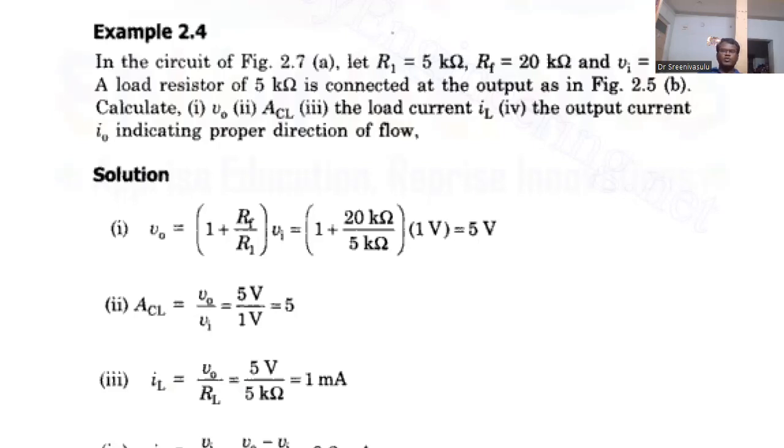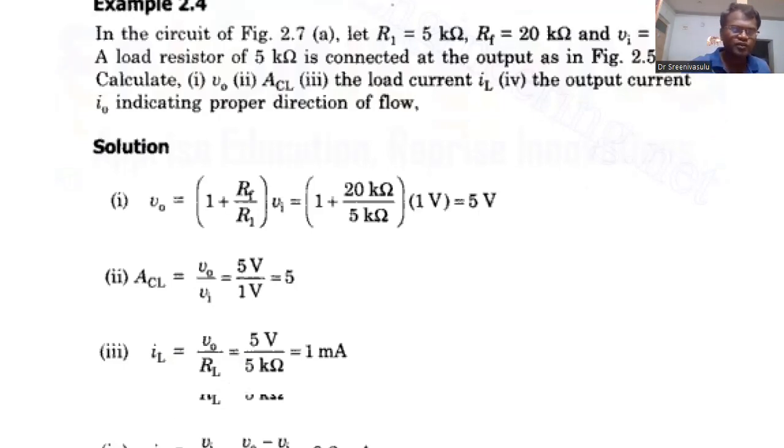It is the output voltage. Next, the closed loop voltage gain: the output voltage is 5 and the input voltage is 1, so V0 by Vi is equal to 5. Otherwise, from 1 plus RF by R1 also we can calculate.